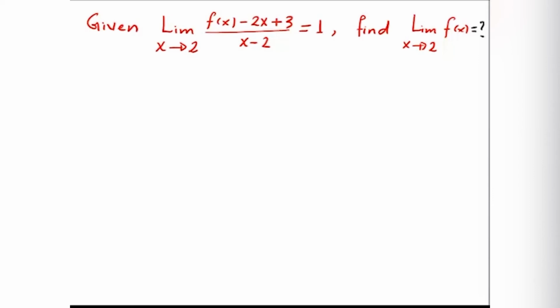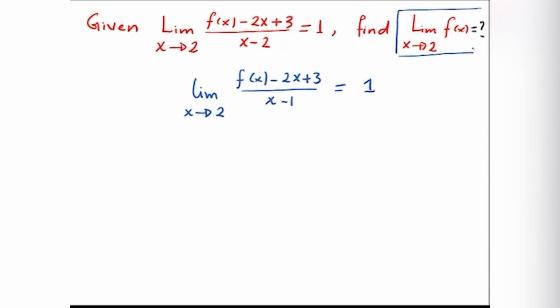I'm given that this limit of f of x minus 2x plus 3 divided by x minus 2 equals 1 when x goes to 2. I would like to find the limit of f of x as x goes to 2.